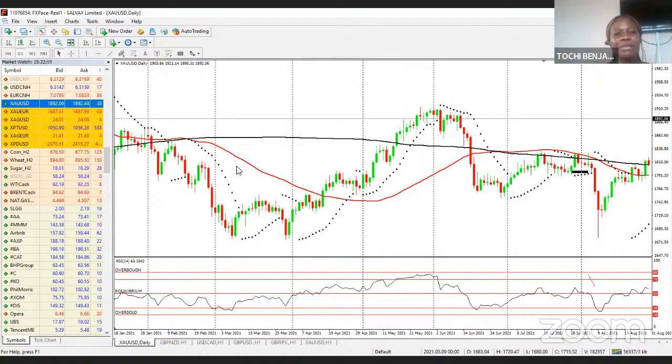So if you're looking at a Marubozu, or a Harami, or whatever it is, be it a hammer, if it's happening in the middle of the trend, you don't have business trading that or entering that market.